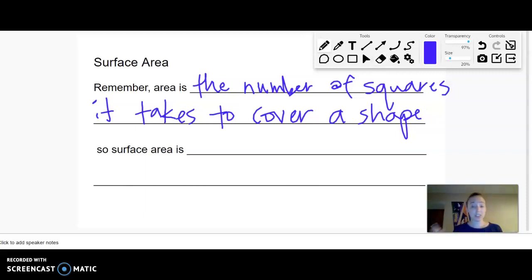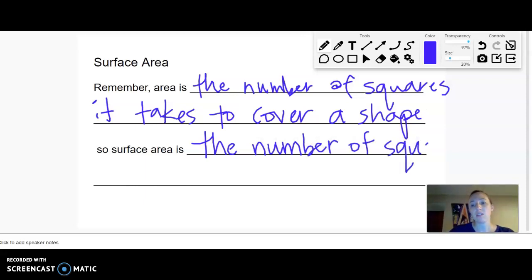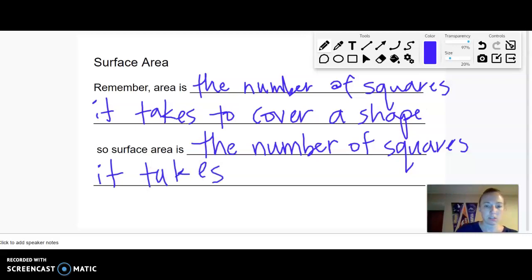So then surface area is the number of squares again, because we're talking about area. But this time, we're talking about how many it takes to cover a 3D shape.